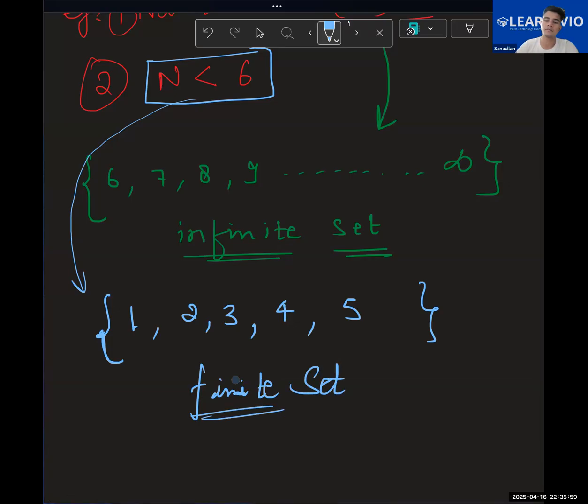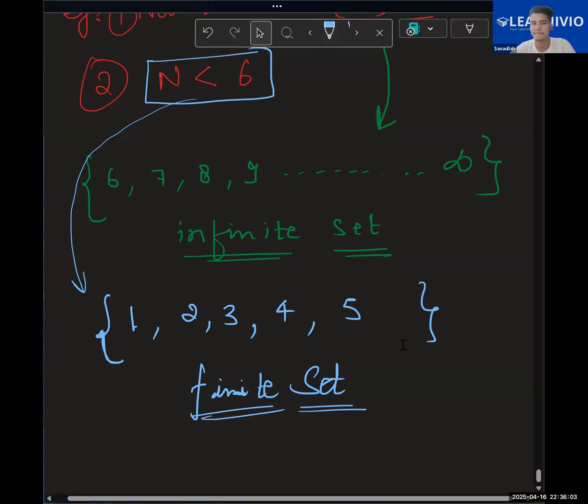Yes, sir. Adya, is it clear to you? So we can consider -1 also, right? Minus 1. Minus 1 is a natural number. Yes, sir, but it's like natural number less than 6, right?